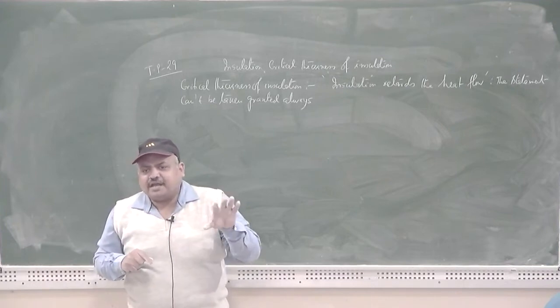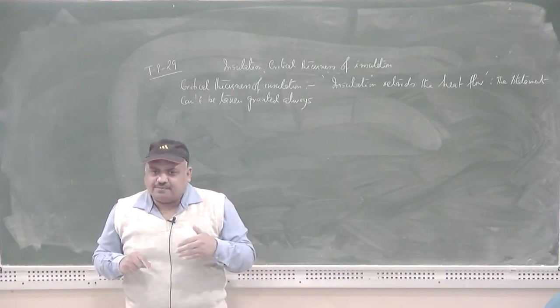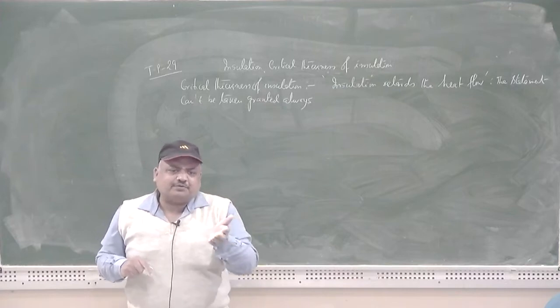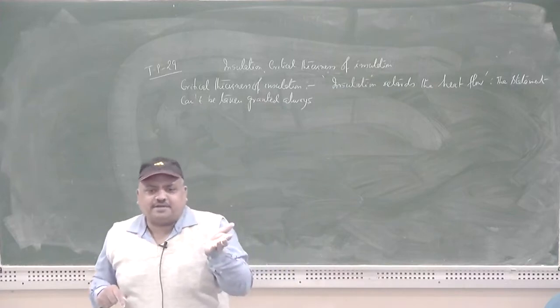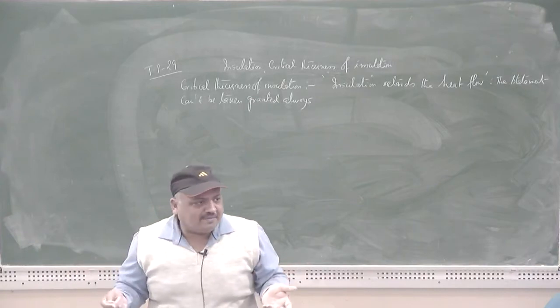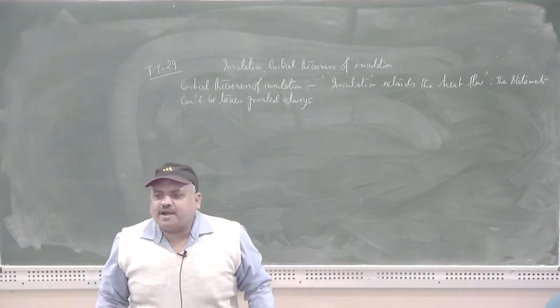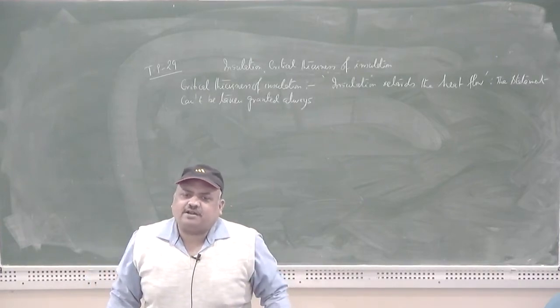If the critical value is lesser than the outer diameter, then it has some effect. If the critical thickness of insulation is more than the outer diameter of the cylinder or sphere, it has some other effect. That is why I am saying that every time the insulation retards the heat flow, this cannot be taken for granted all the time.